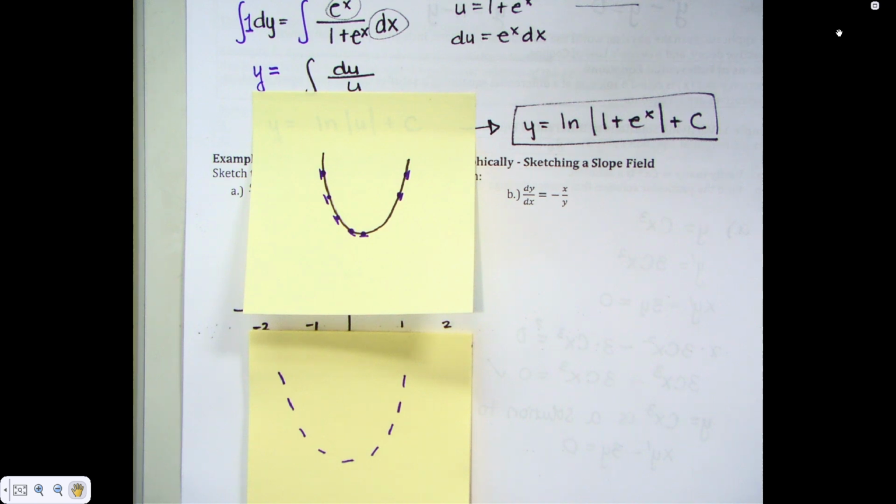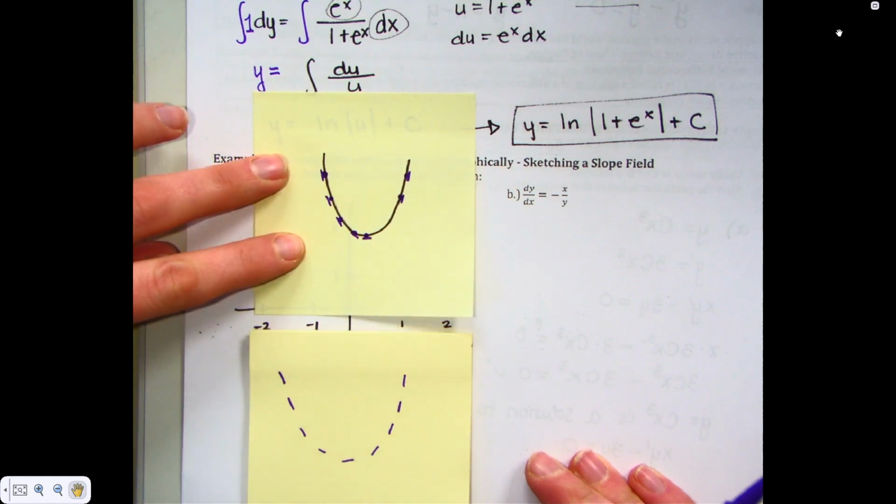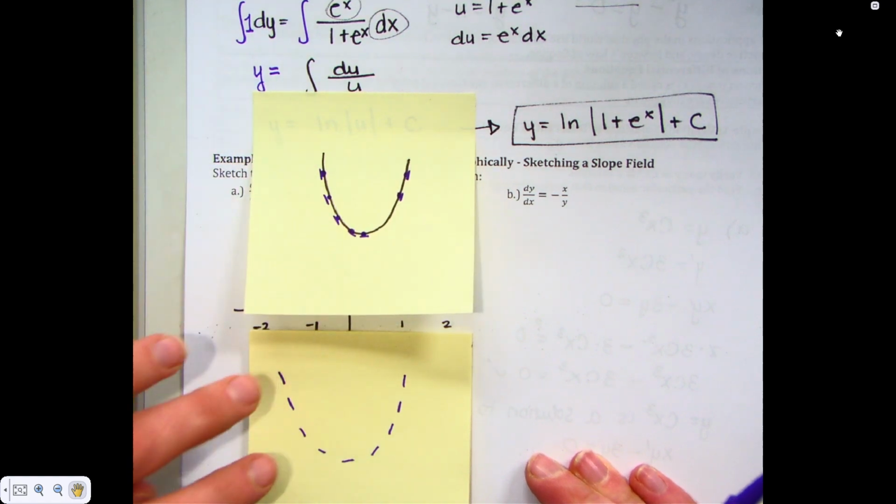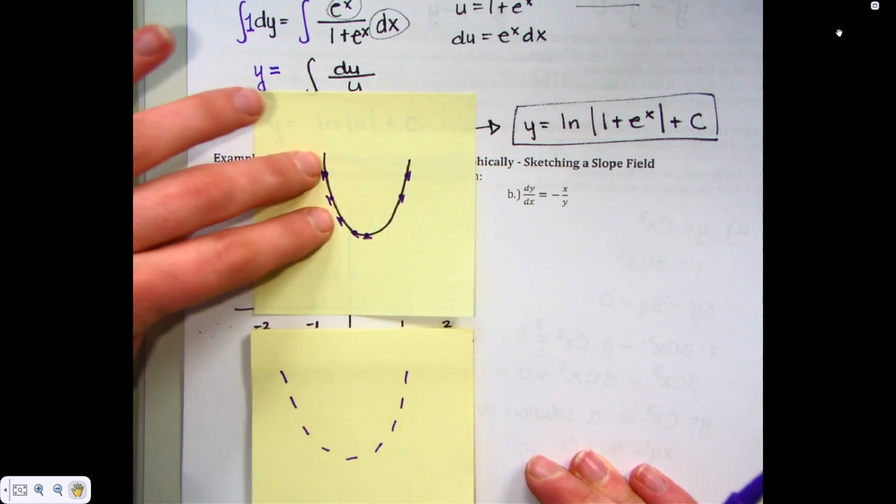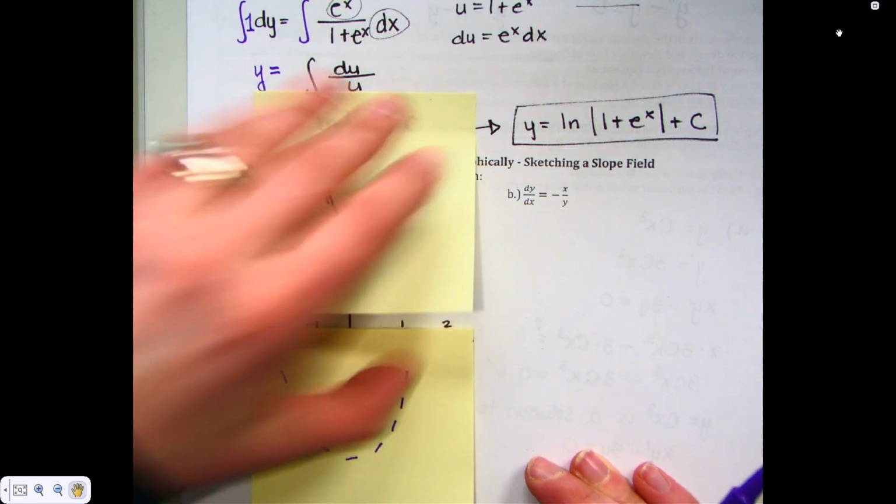You're working backwards. You're looking at those tiny little slope marks, and you're trying to envision what kind of curve would make these as its slope field, as like a picture of all the slopes of that curve. So hopefully that makes a little bit of sense. But we're essentially working backwards. We're starting with the derivatives and trying to sketch back in the curve.